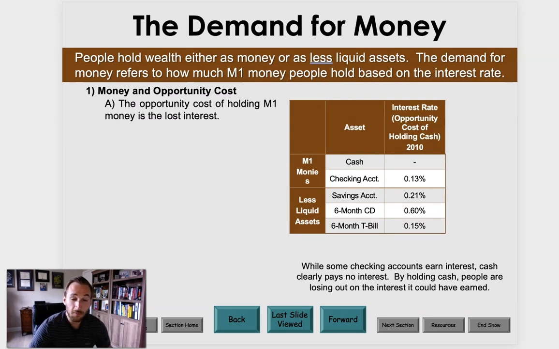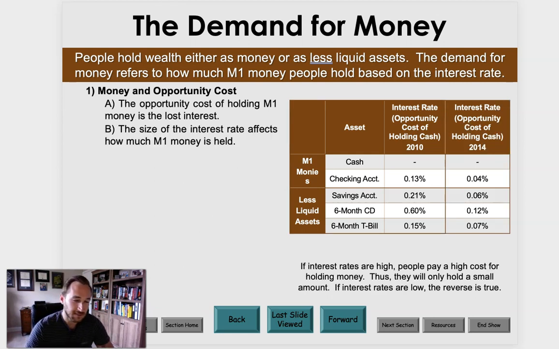So the whole thing about interest rates is that we use them to create an incentive for people to either spend money or save money. So we say the opportunity cost of holding liquid cash is what you would lose if it was being put into a savings account or something that earns interest.